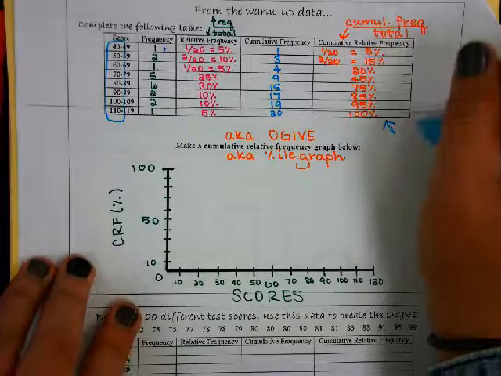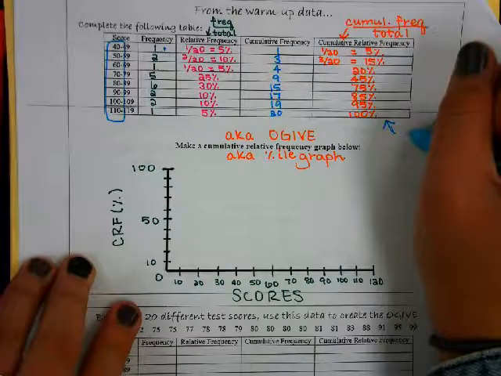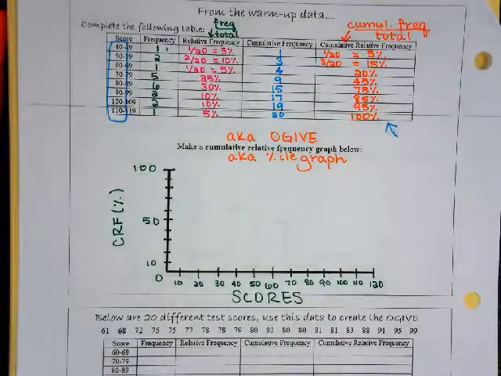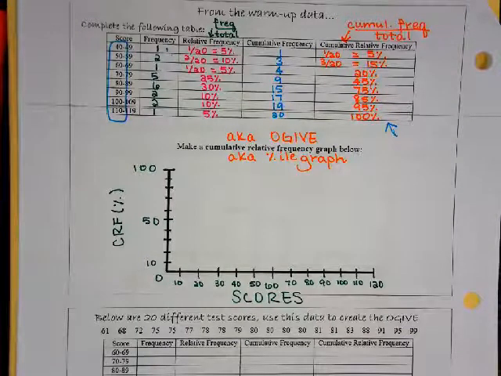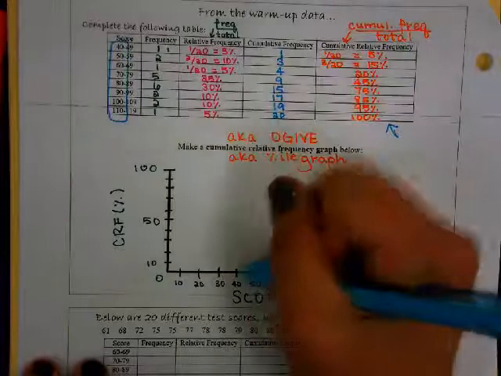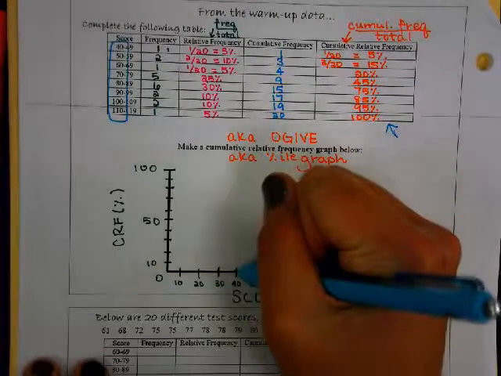The weird part is that you're going to stagger them. So for 40, there are 0% of the scores that are at or below 40. So my first score is 40, but I'm going to start here at 0.